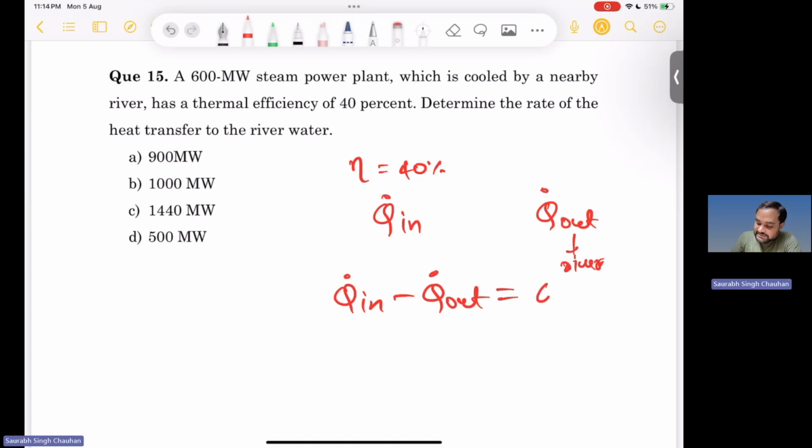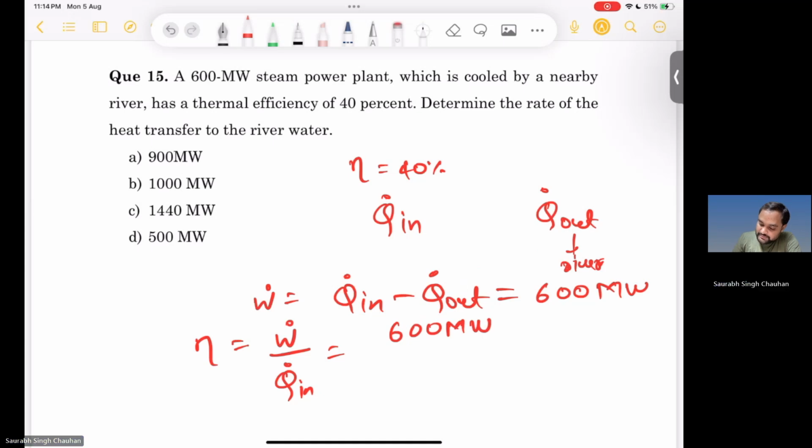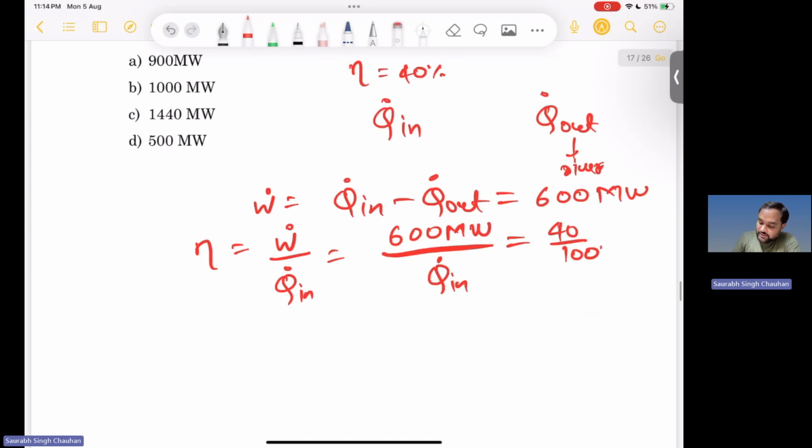So this is given as 600 megawatt, and efficiency is defined as this rate of power production divided by the heat input rate. Okay, so 600 megawatt divided by rate of heat input is equal to 40%. So from here you can tell what will be the Q input, rate of heat input.